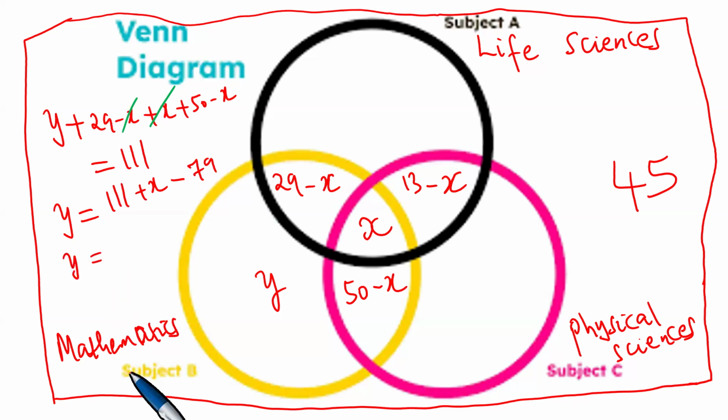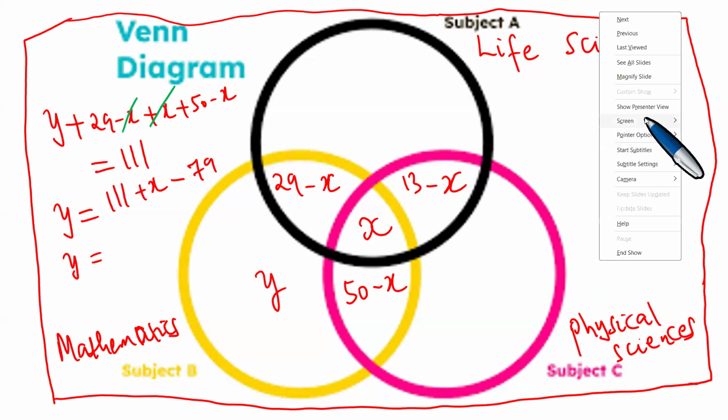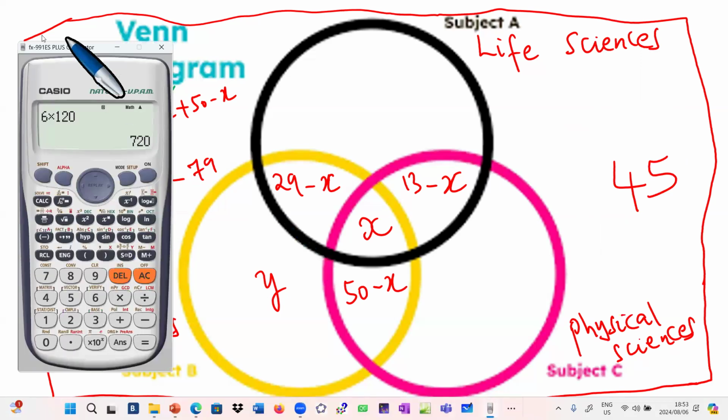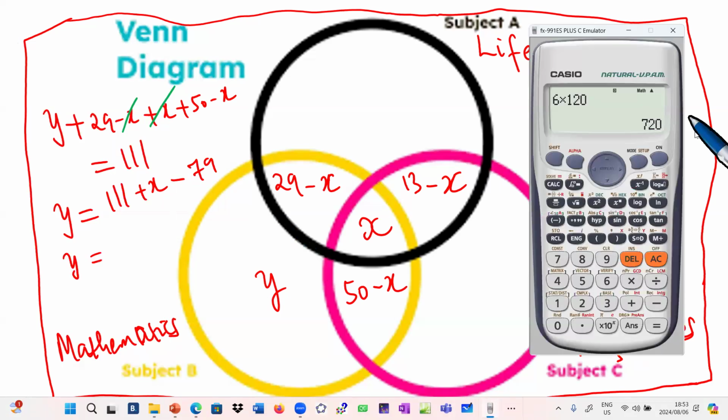So now you can use your calculator for some rough work here. We're doing the Venn diagrams. Please pay attention because students get lost here. In this detail, you need to read the story. 111 minus 79, what do we get? We get 32.